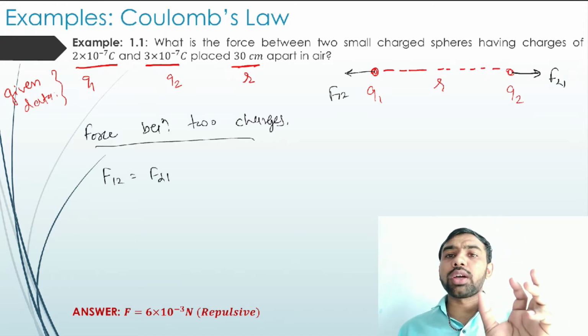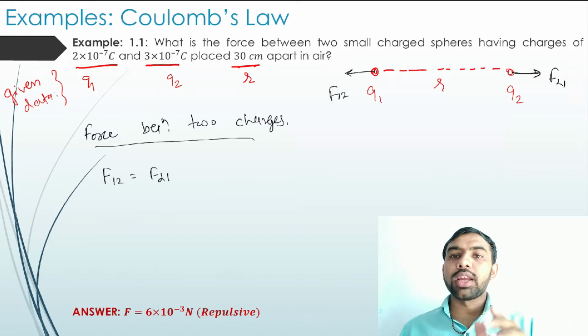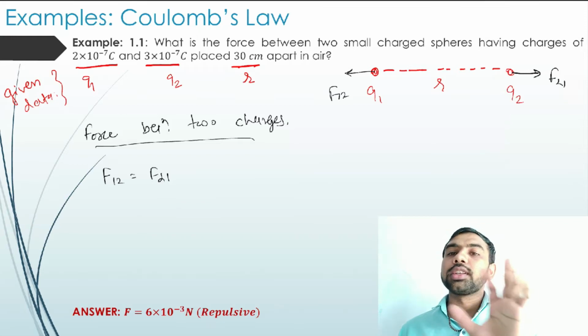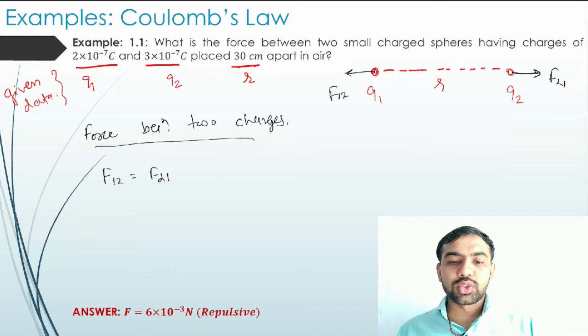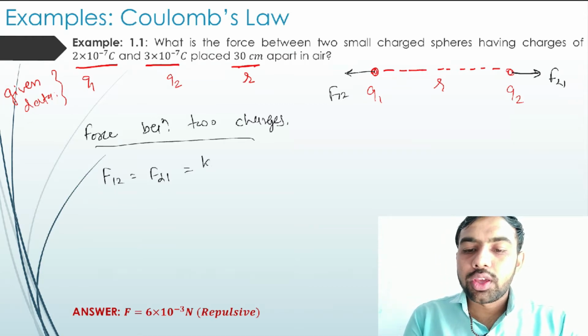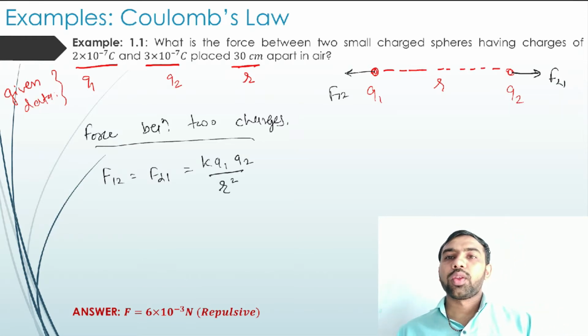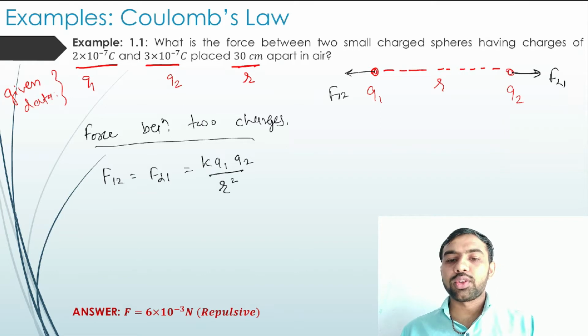In magnitude both are equal but opposite in direction. So F12 is equal to F21 is equal to K Q1 Q2 upon R square. Okay, that is Coulomb's law.